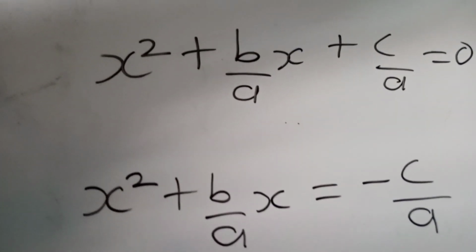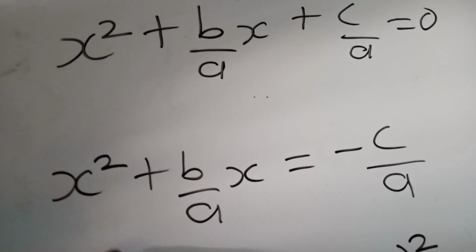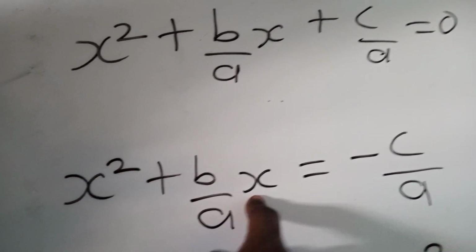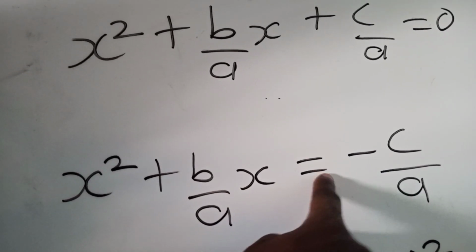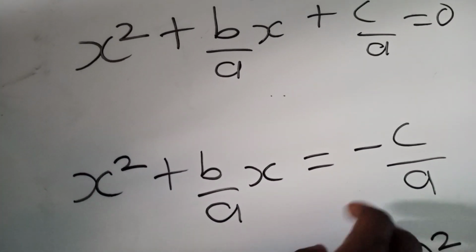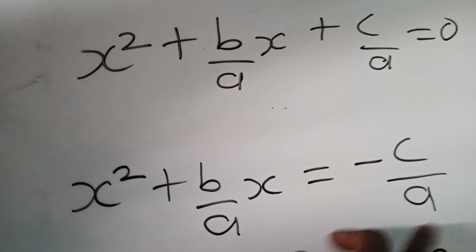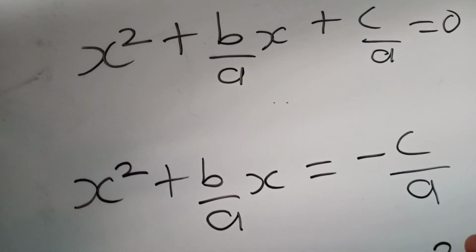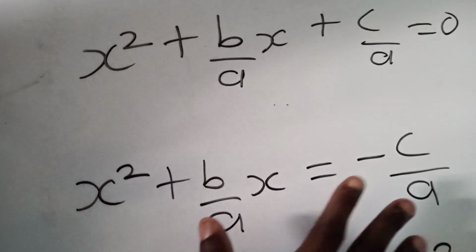So now having this means that x squared plus b over a x is equal to minus c over a. This c over a was here, then we moved it to the other side of the equation, so it becomes negative.